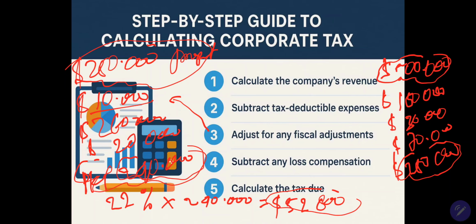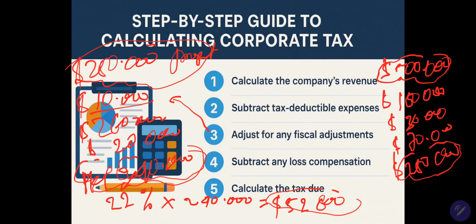Where do you get the 22%? The 22% comes from the corporate income tax or CIT rate in Indonesia. In Indonesia, the standard corporate tax rate is 22% for fiscal years 2022 onward, based on law number 2 of 2020 and its updates.